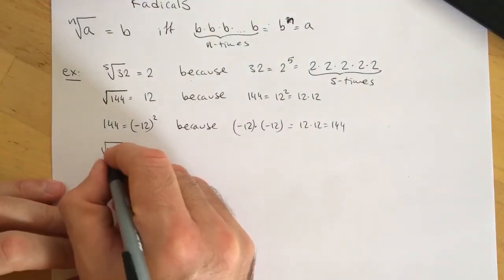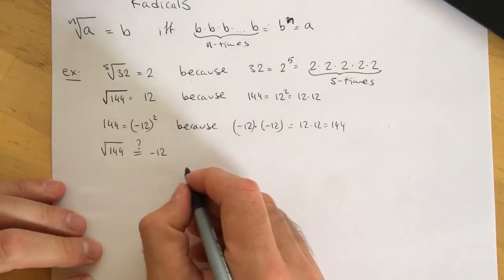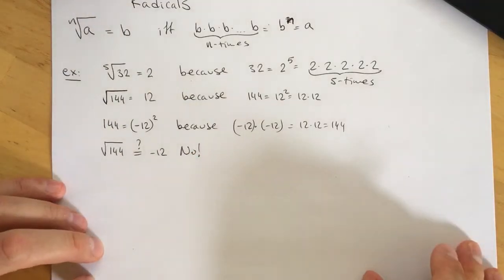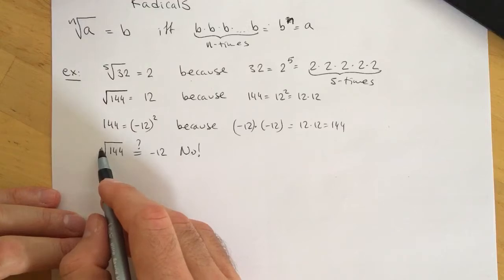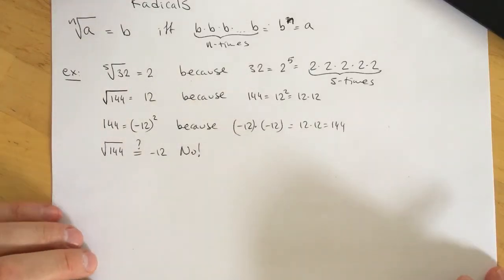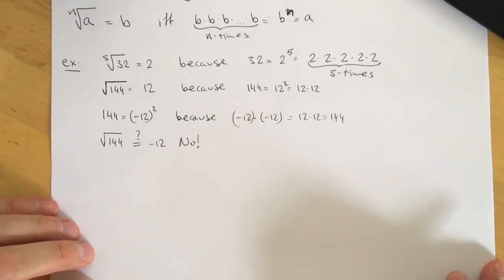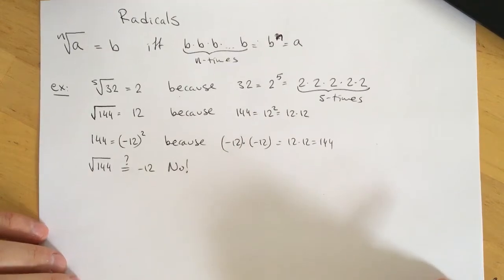Does this mean that the square root of 144 is equal to negative 12 as well? Well, no. The square root, and as a matter of fact every even root, indicates a non-negative square root. This is going to become slightly more clear once we talk about functions.